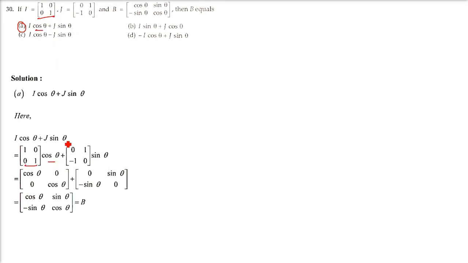This is just a scalar multiplication. So cos theta will go inside, wherever 0 is there, just leave it. Now just add it. So it will be cos theta, sin theta, negative sin theta and cos theta. So this gives you B.